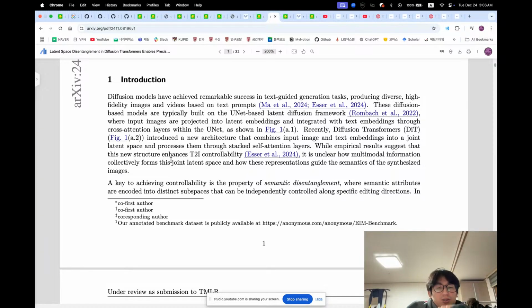Okay, to achieving controllability, semantic attribute.